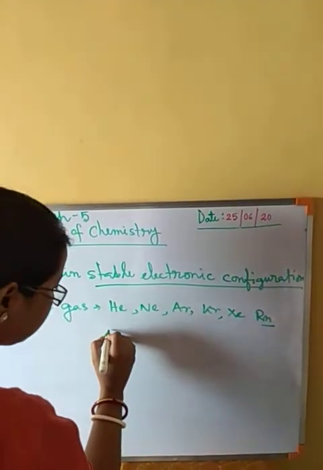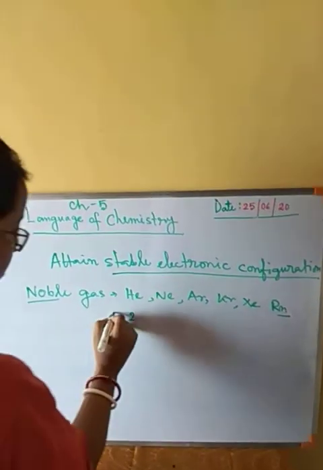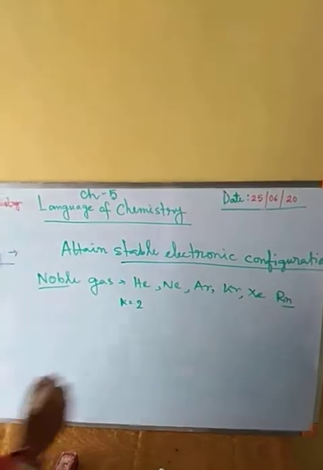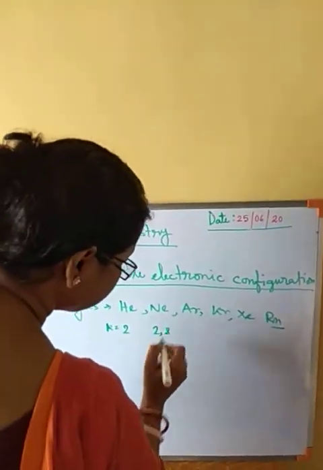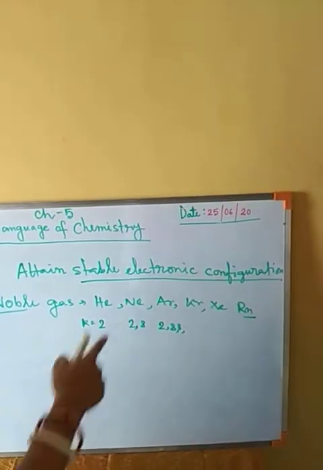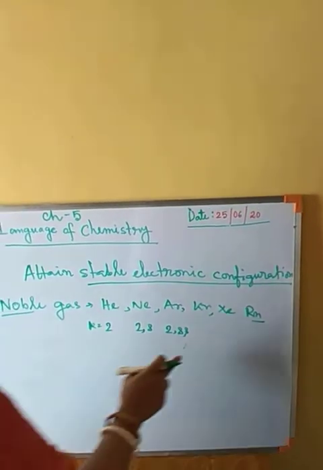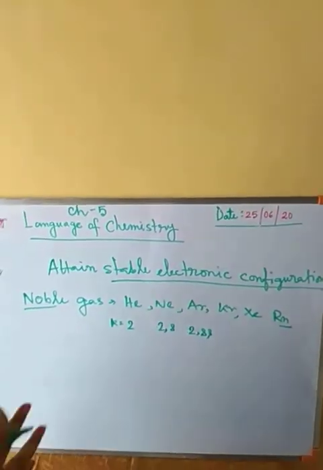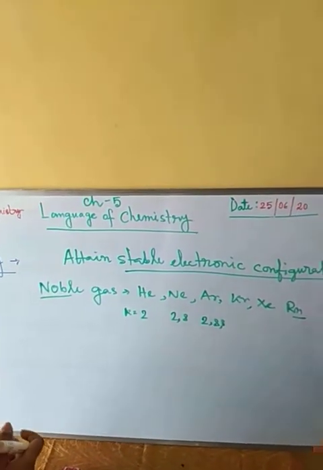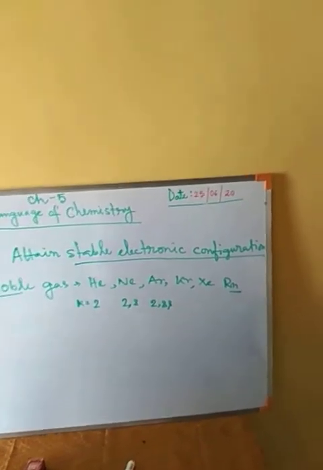We know helium has the first shell with 2 electrons. For neon this is 2,8, which is a stable structure. For argon this is 2,8,8, like this. So all these noble gases already have a stable electronic configuration, so they will not react with any other elements.